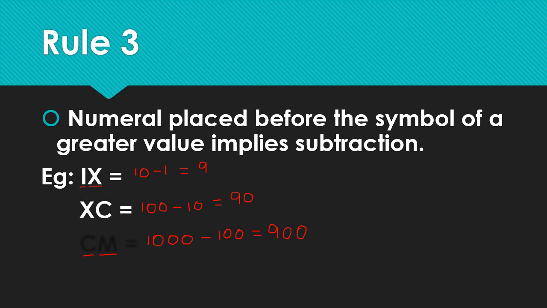Next you see XC. The value for X is 10, then C is 100. So you have a smaller value with a greater numeral. So what do you have to do? You have to subtract 100 minus 10, which is equal to 90.